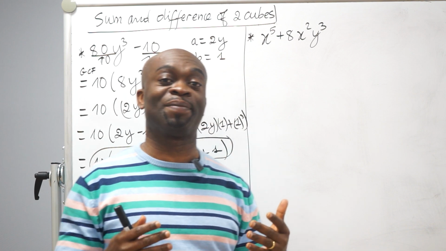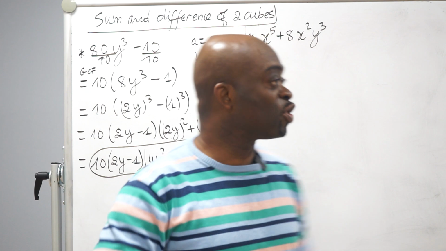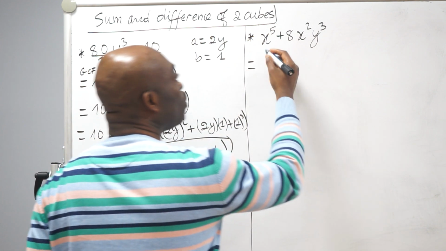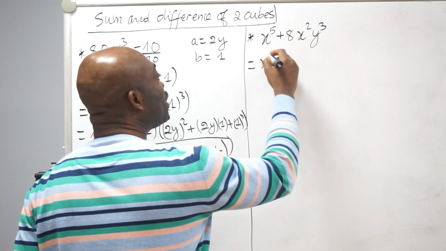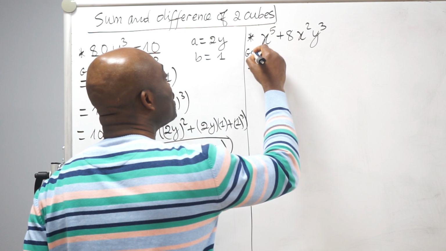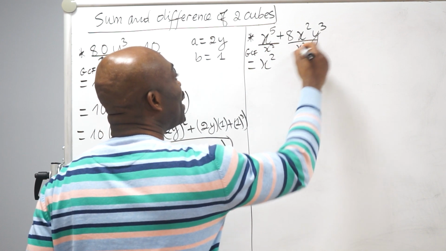Because they are working together, we cannot move forward. So we have to think about the greatest common factor again, like we just did. Is there anything that they have in common? We have x squared and x to the fifth, so we can take x squared out. That'll be the greatest common factor, GCF. We divide this by x squared and this by x squared.